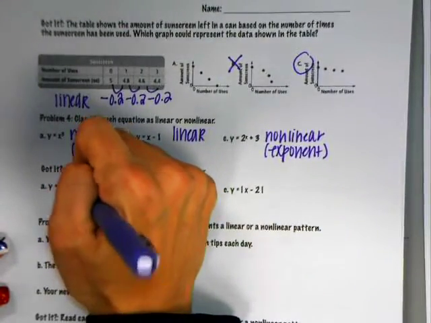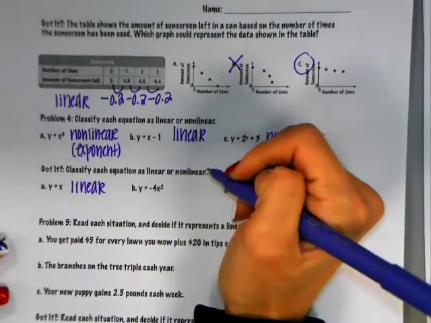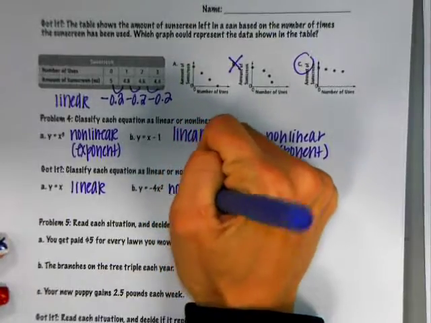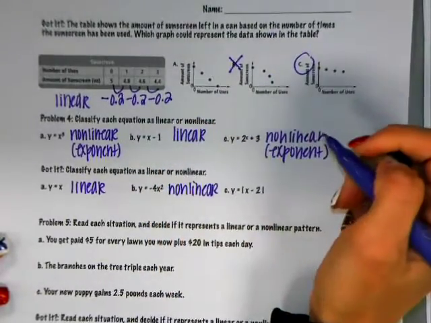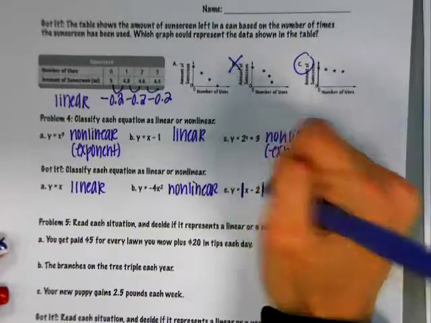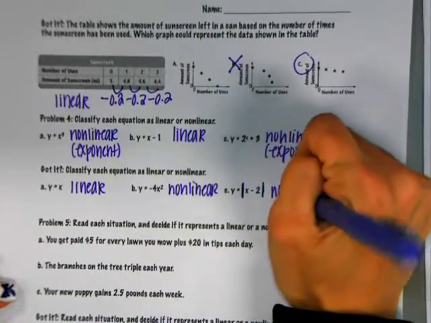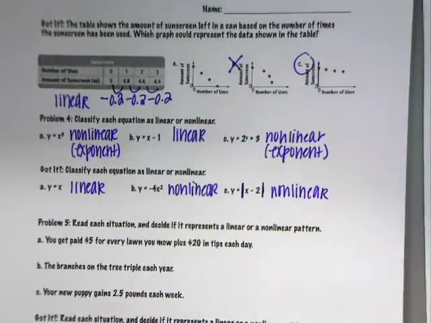Linear. Yep. B, nonlinear. And C. So this is actually absolute value. So nonlinear.